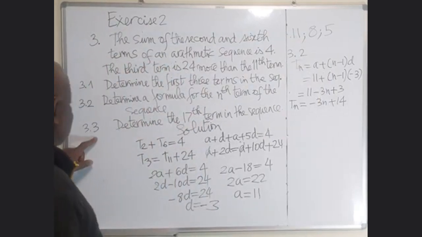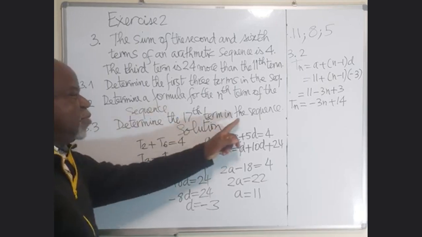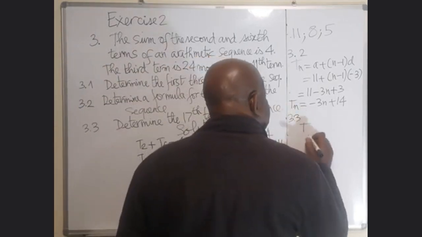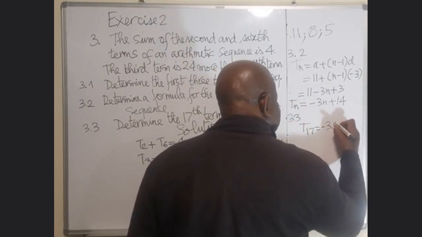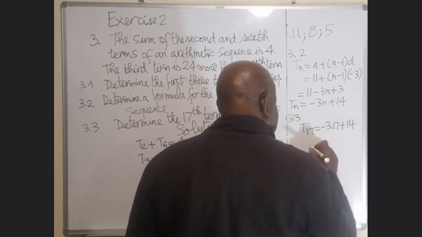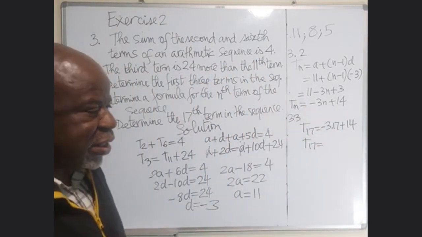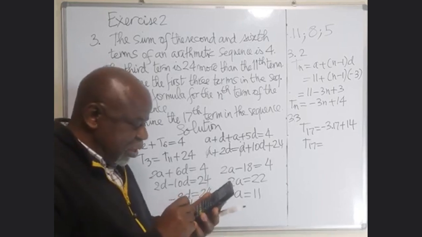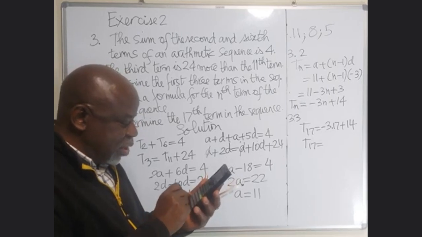We're going to question 3. Determine the 17th term in the sequence. Then here we're going to replace n by 17. It will be negative 3 times 17 plus 14. Here we're going to use our calculator. Negative 3 times 17 plus 14.